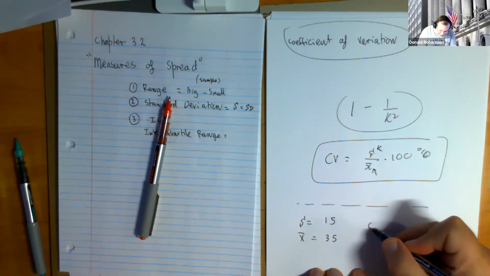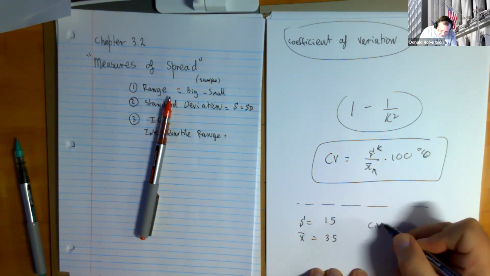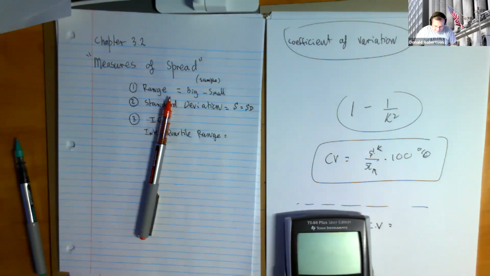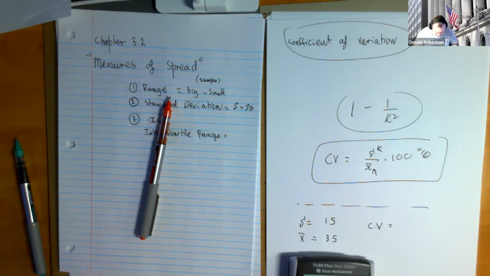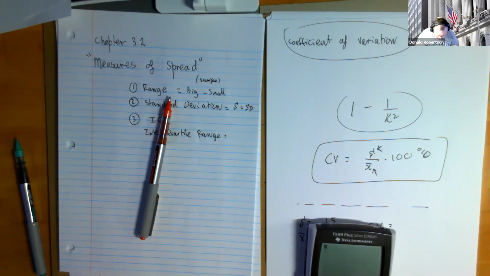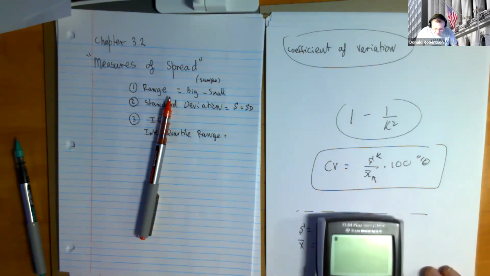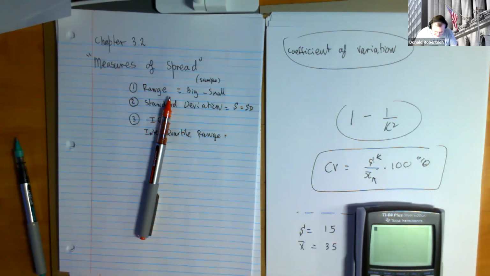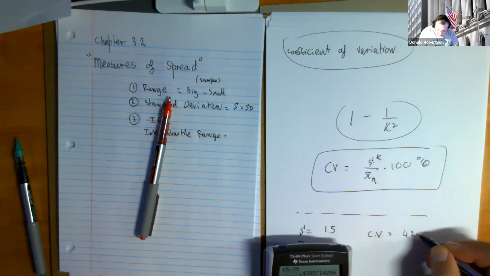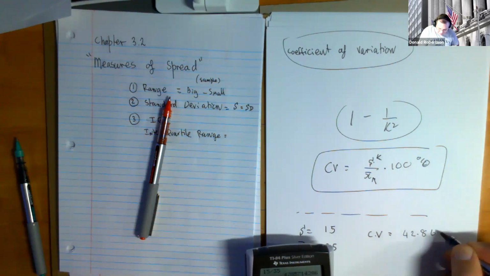In that question then, if you're being asked to calculate the coefficient of variation, CV, you take the standard deviation, which is 15, and you divide it by 35, and then you times it by 100, and you get about 42.86%.